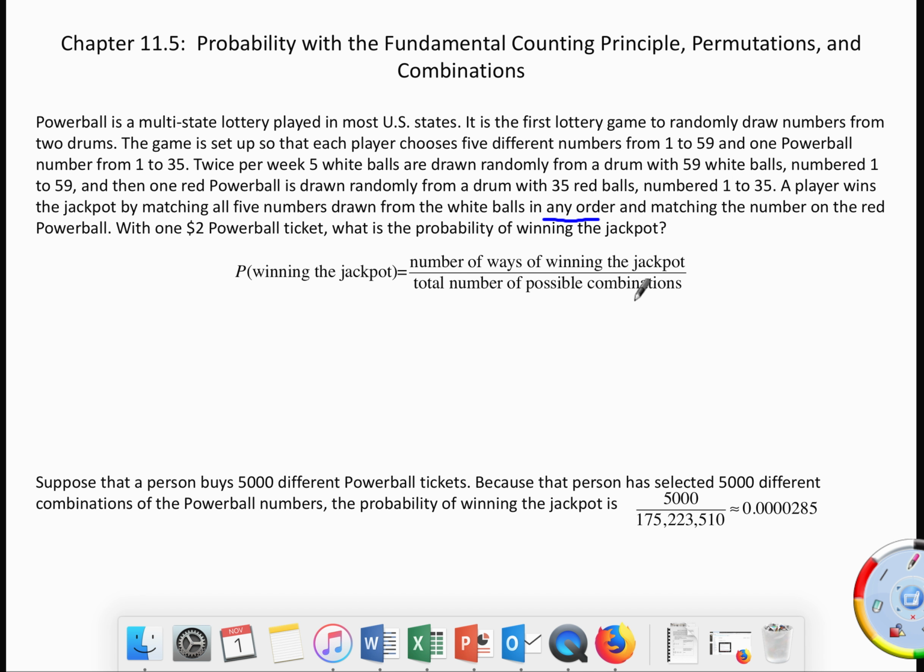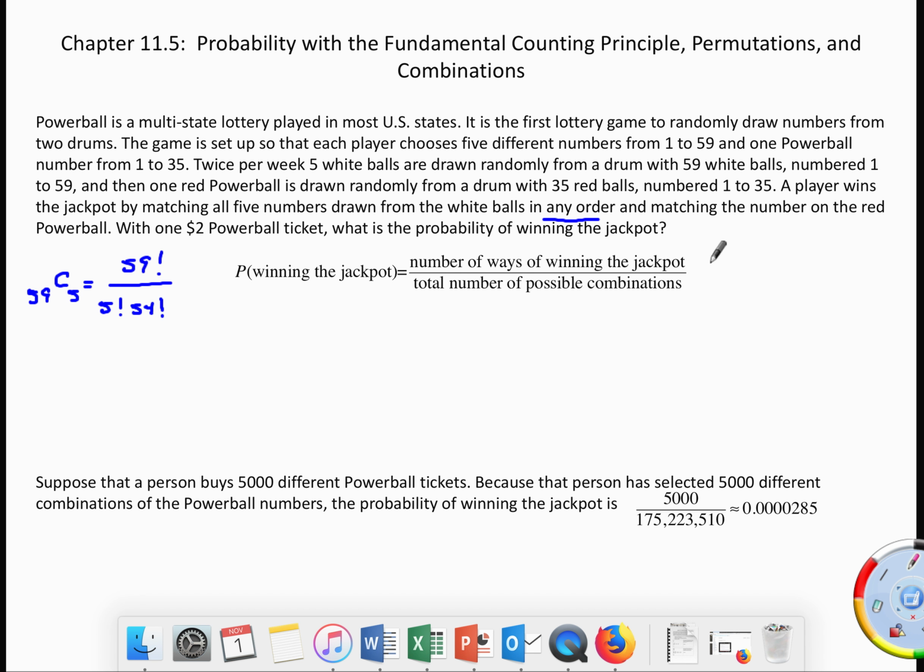So starting with the white balls, there are 59 white balls, and I need to choose 5 of them. That's our 59 choose 5, which would be 59 factorial over 5 factorial times 54 factorial.